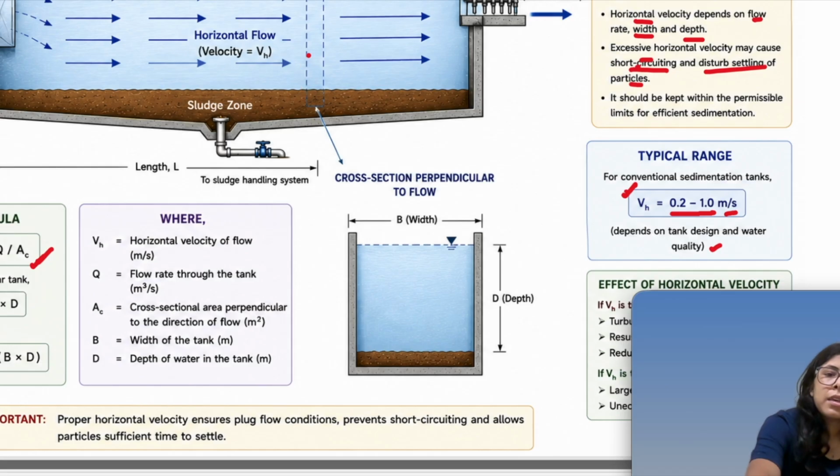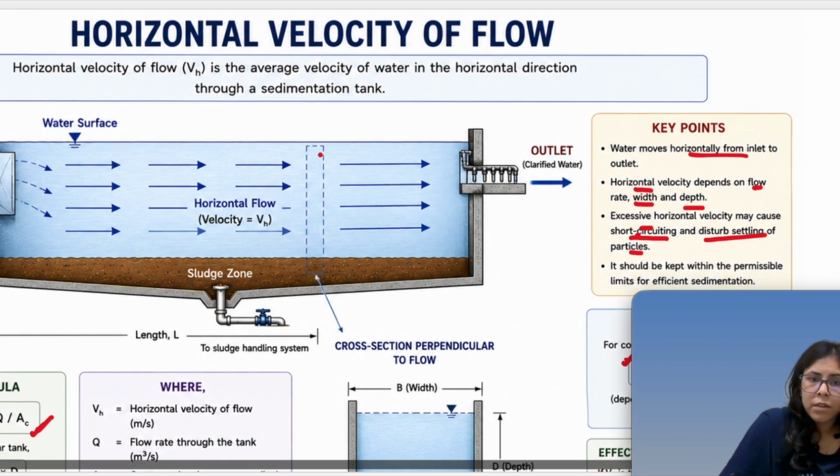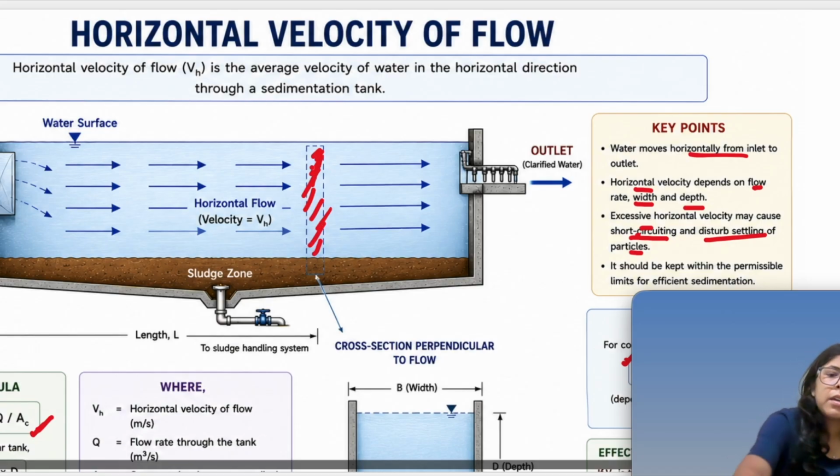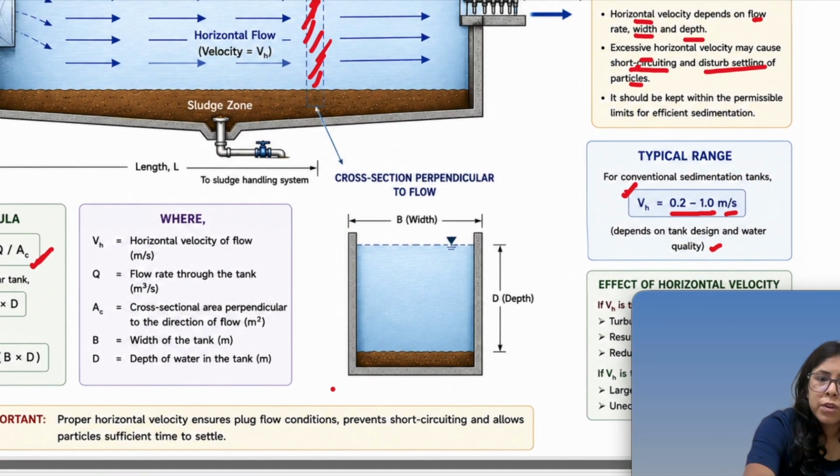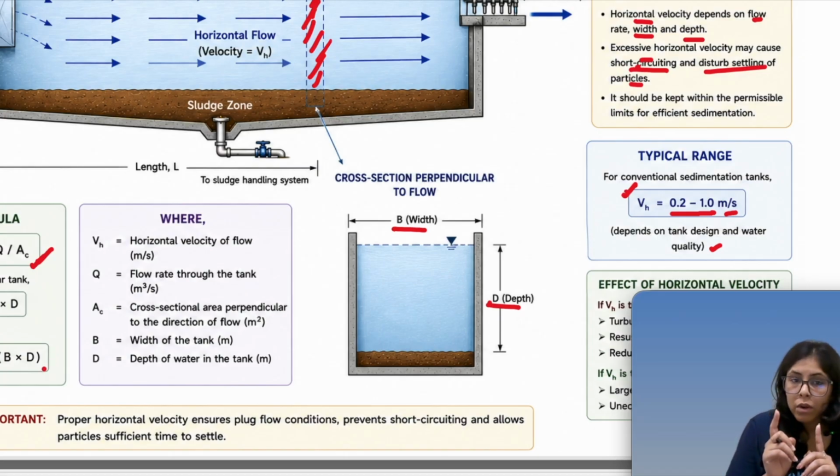If I take one cross section, this is the cross section, and its area is B into D. So the horizontal velocity becomes Q upon B into D, and the overflow rate was Q upon L into B. So this is the difference between horizontal velocity and surface overflow rate.